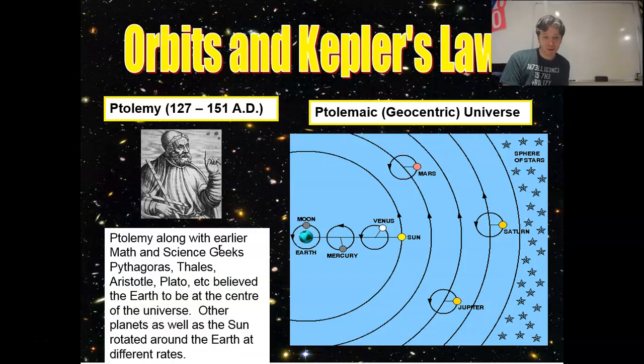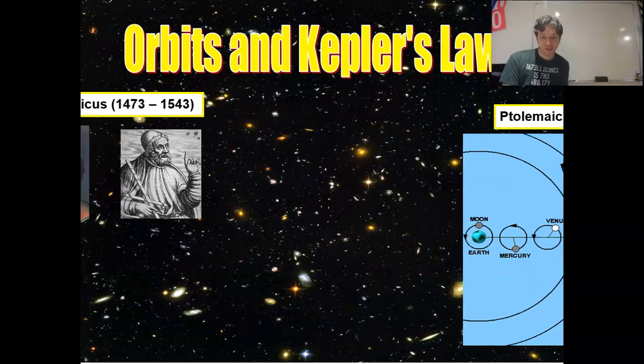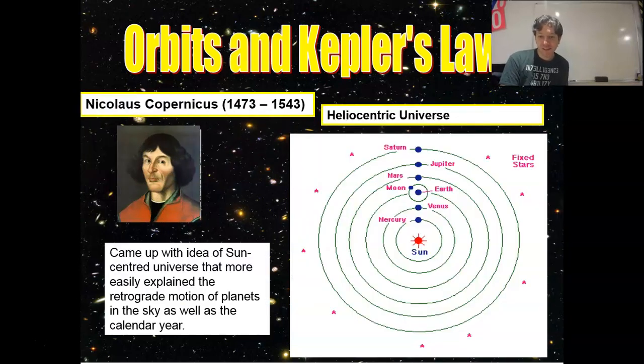Later came Copernicus, who said, I have a simpler model. If you just put the sun in the center and order the planets like this, each orbiting the sun, and of course the moon orbits us, then you can also make the same predictions. It's a very accurate model, and it's a lot simpler. Unfortunately, he didn't have proof.